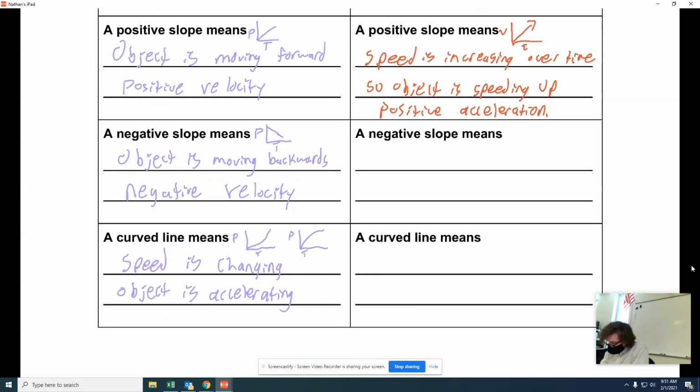If we have a negative slope, so if our slope looks like this, then our speed is decreasing. So our object is slowing down. So that means we have a negative acceleration.